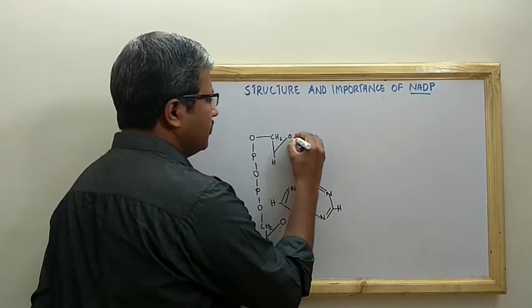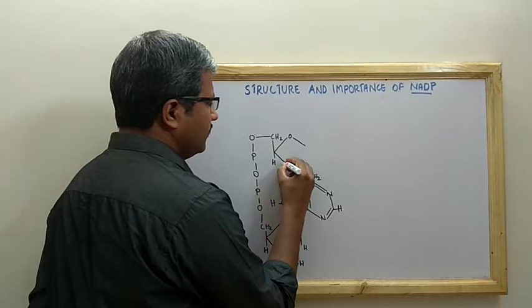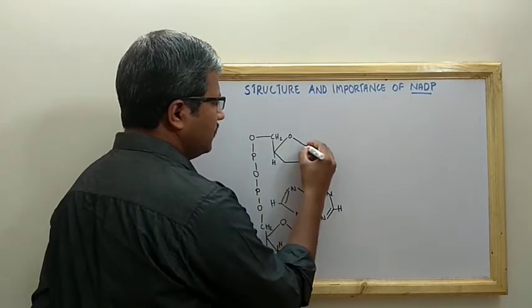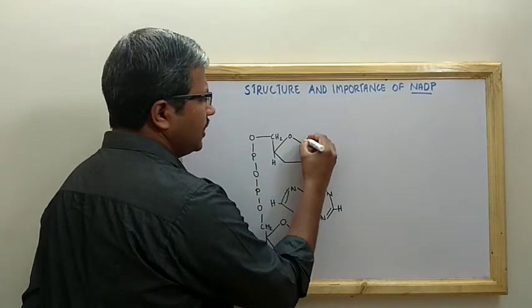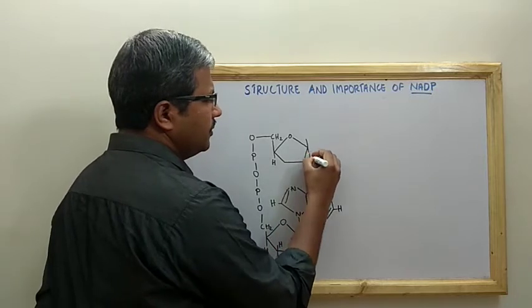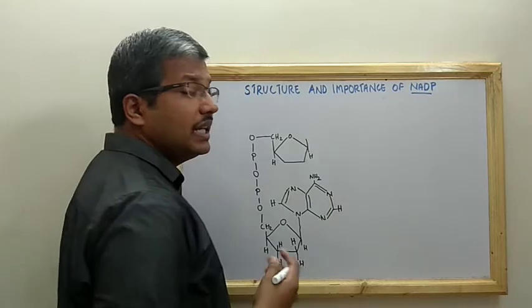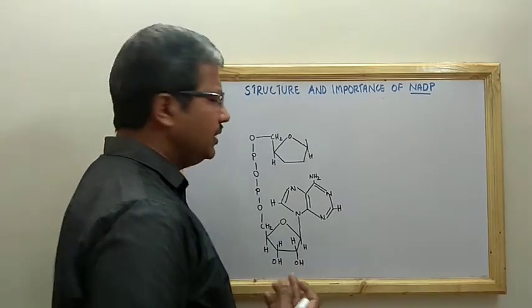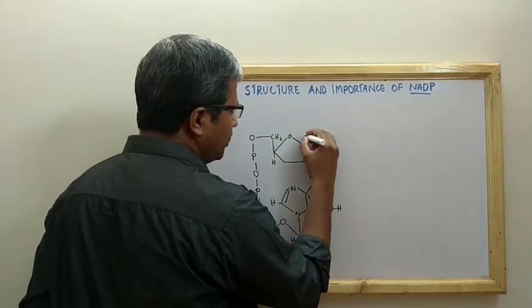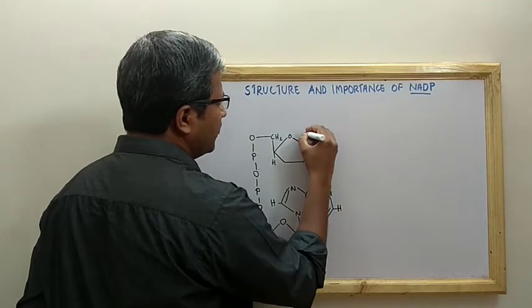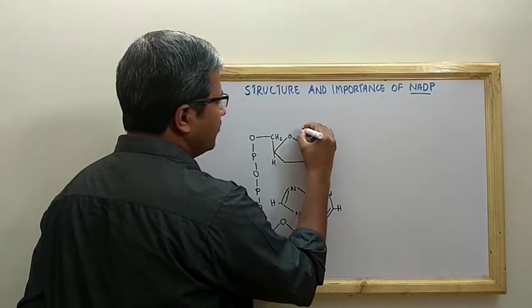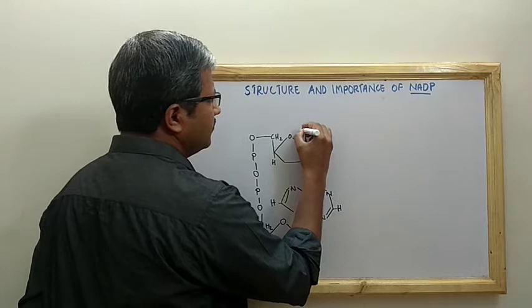I'm just drawing ribose again. The first carbon of ribose in beta position will be having connection with the niacin, the nitrogen containing molecule. So you will be having niacin here, so nitrogen.